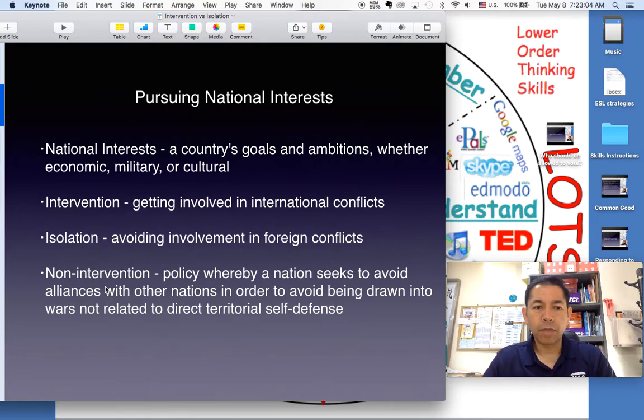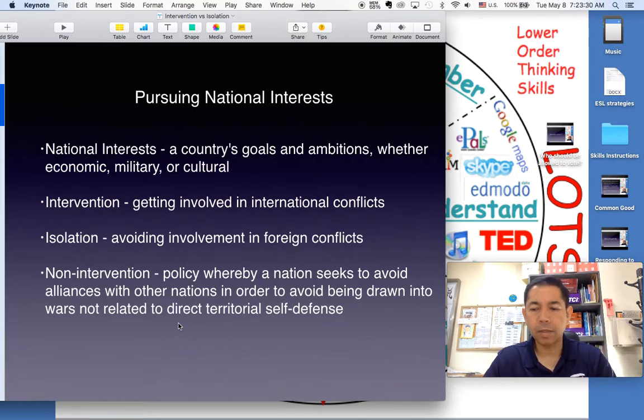And so if we get back down to the non intervention, one of the key details of non intervention is even if a country goes to war, they're doing it because they were attacked and their territory was attacked.